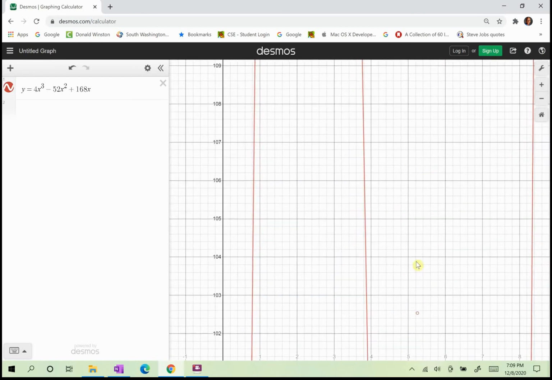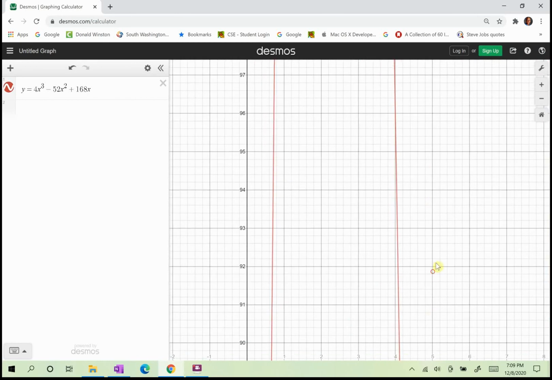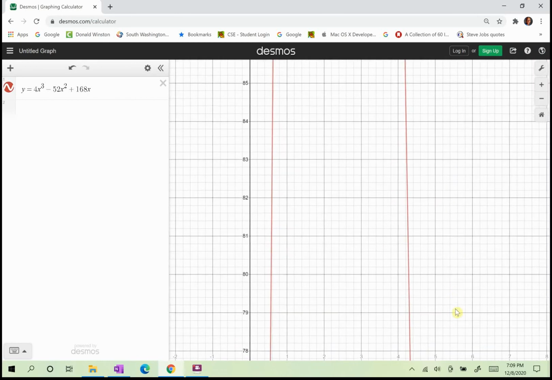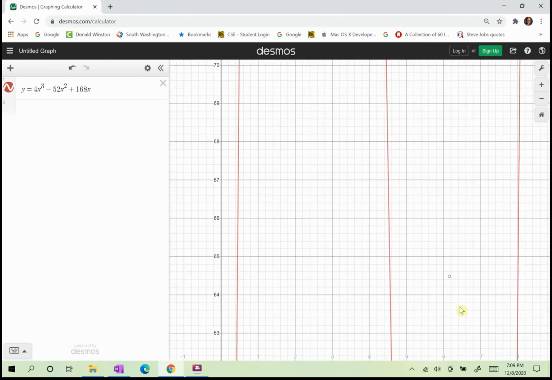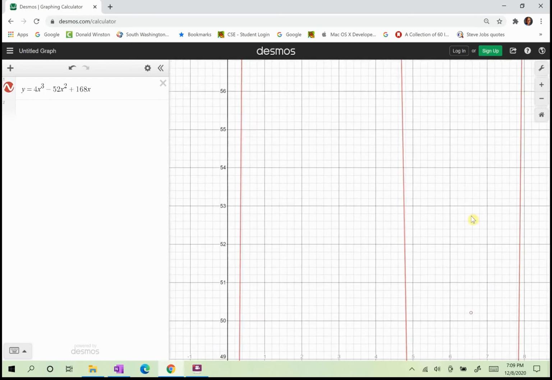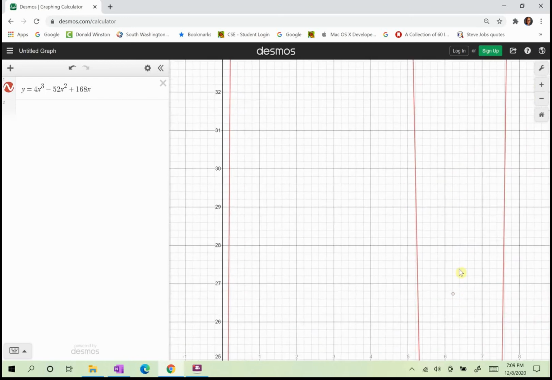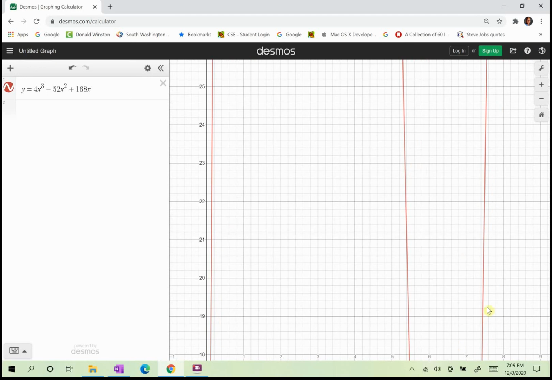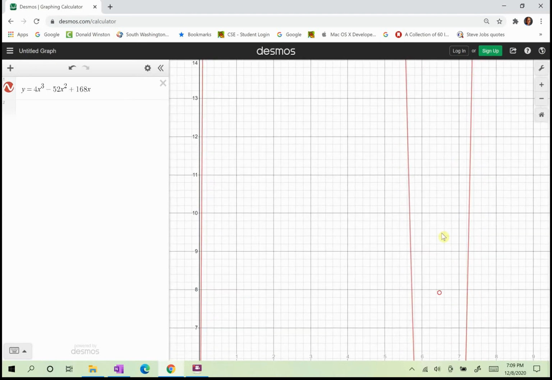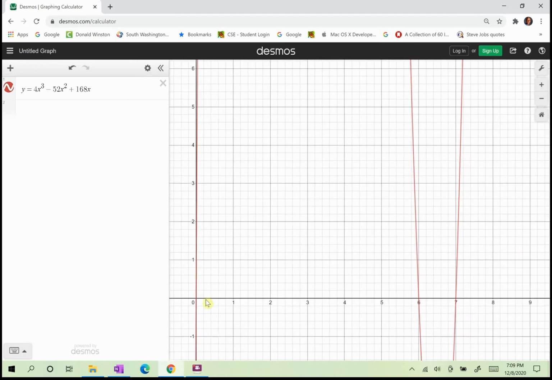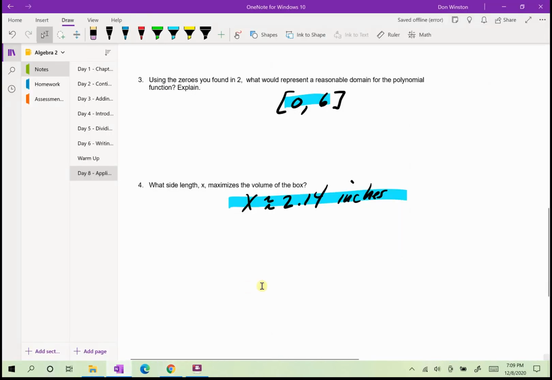So we consider that local maximum to be the global maximum for values from 0 to 6, our reasonable domain. So you'll have a problem like that for your take-home test.